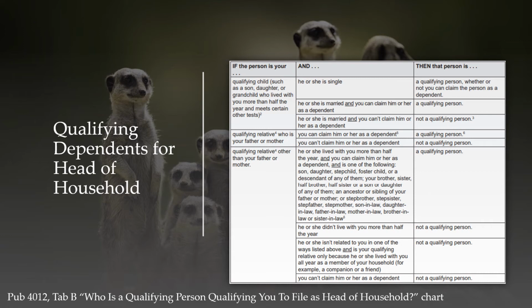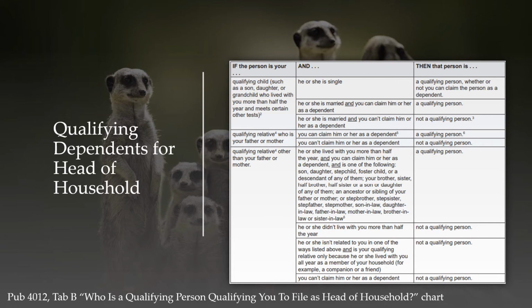Then we have another type of qualifying relative, somebody who is a qualifying relative but not the taxpayer's mother or father. Then there are certain special types of relationships. So it could be son, daughter, stepchild, foster child, any of their descendants.